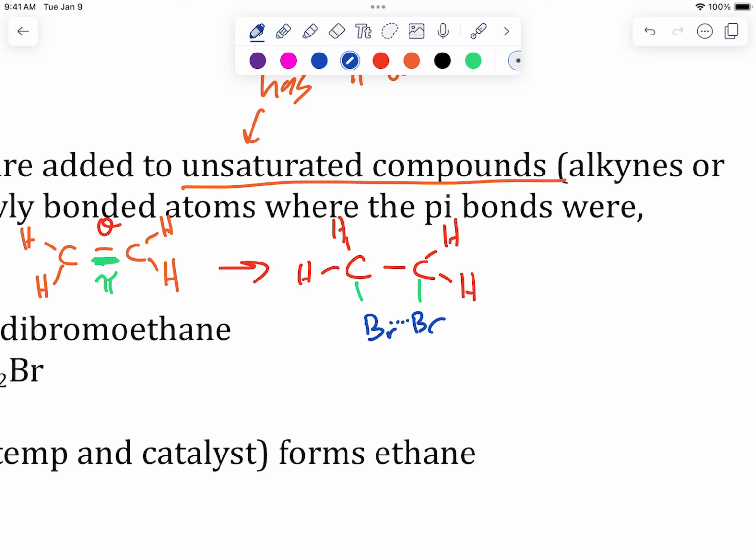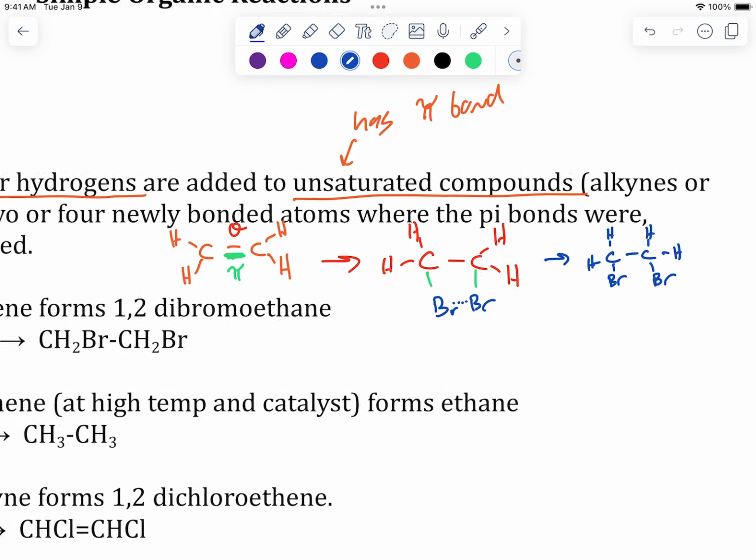So the result is this. This is called an addition reaction because we are adding more atoms to the existing molecule. But this can only happen when there is a pi bond present, because the pi bonds are the spots where the new atoms are going to join, where they're going to bond.